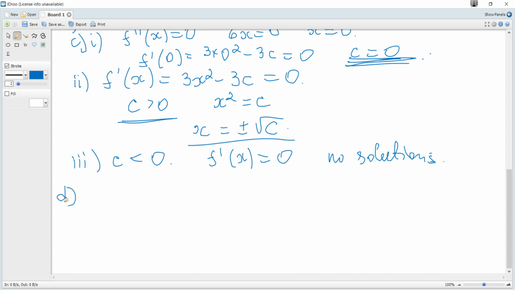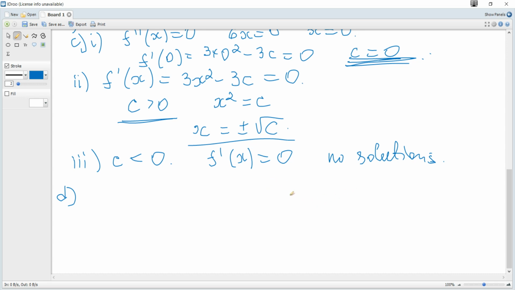Next, D. Given that the graph of y is f of x has one local maximum point and one local minimum point, show that (i) the y coordinate of the local maximum point is 2 multiplied by c to the power 3 over 2 plus 2, 3 marks, and (ii) the y coordinate of the local minimum point is negative 2 multiplied by c to the power 3 over 2 plus 2, 1 mark.